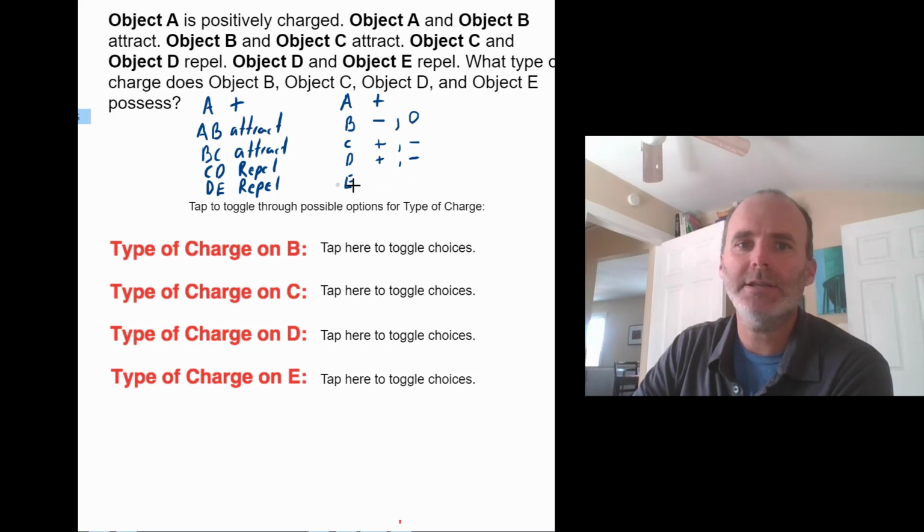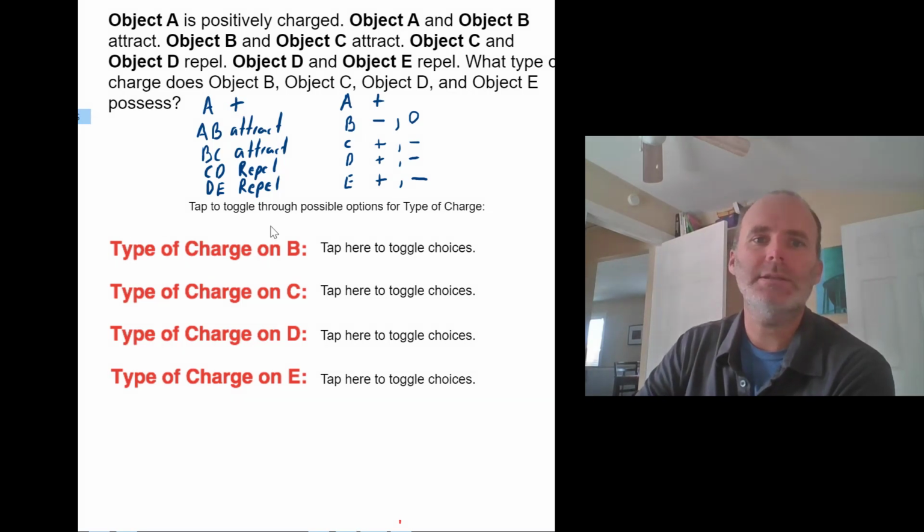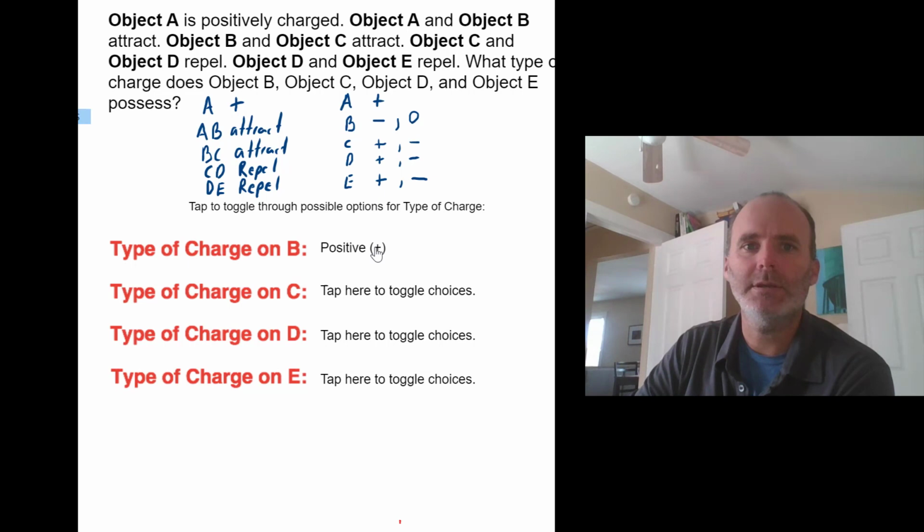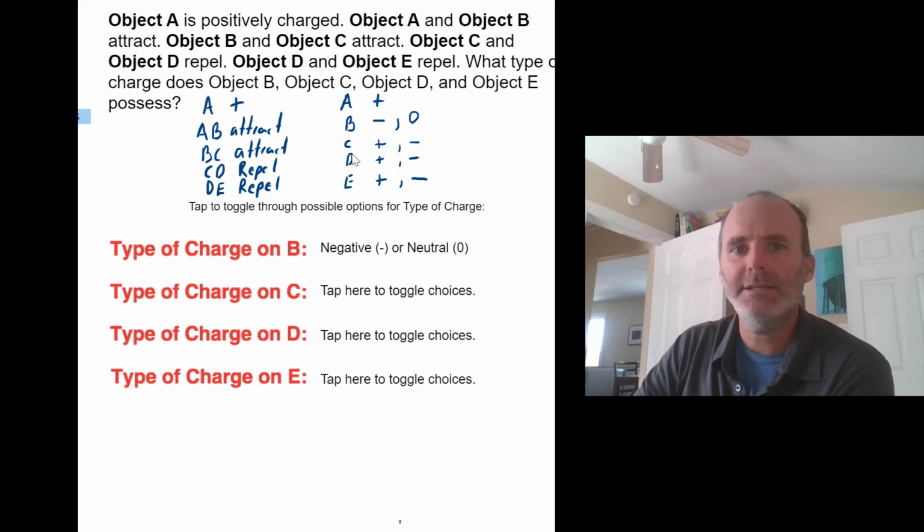And now down here we also have repel. So what repels a positive? Another positive. What repels a negative? A negative. All right, so let's go through and check this. Object B is negative or neutral. Object C is positive or negative.